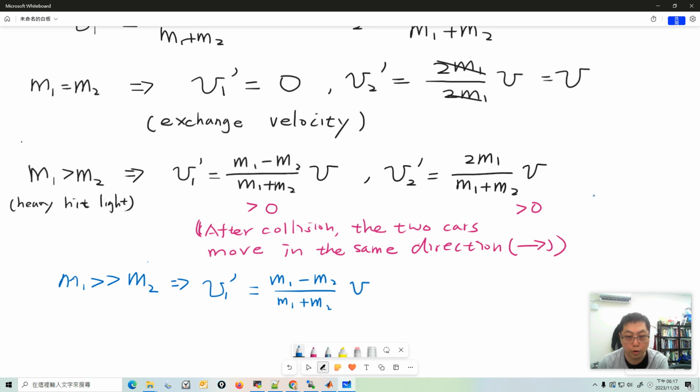Because M1 is greater than M2, M2 is not important anymore, so this will become V. What about V2 prime?